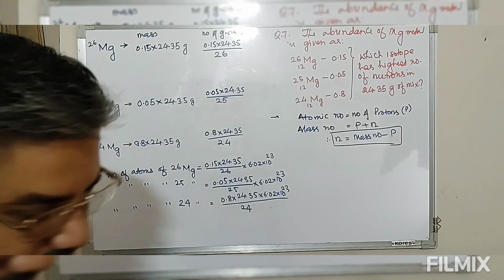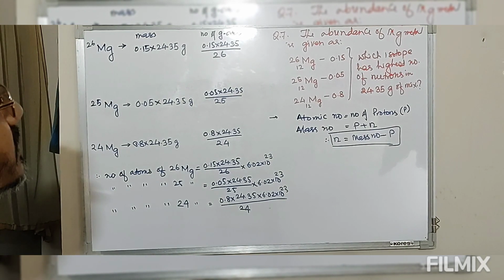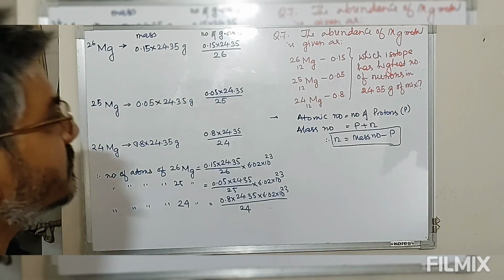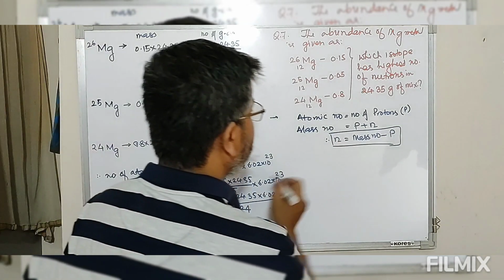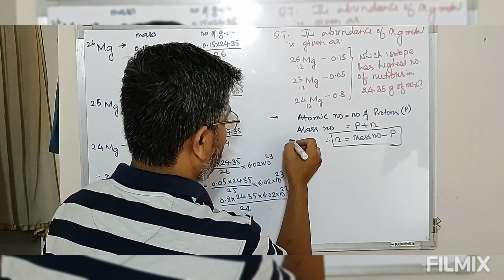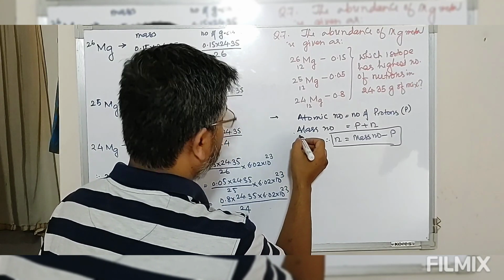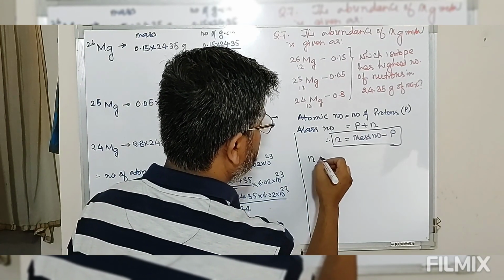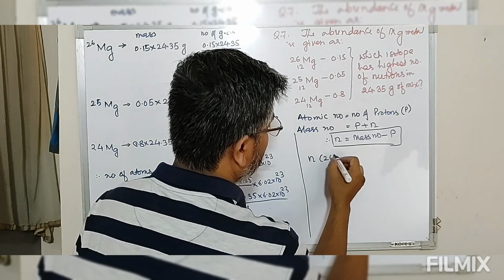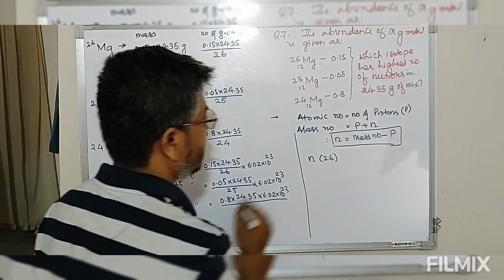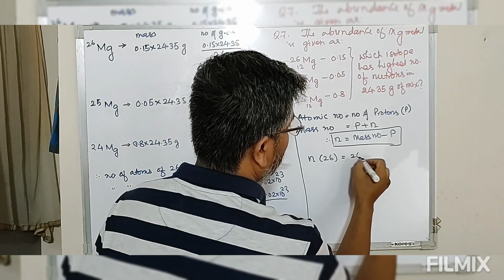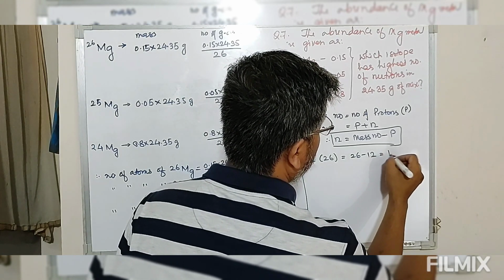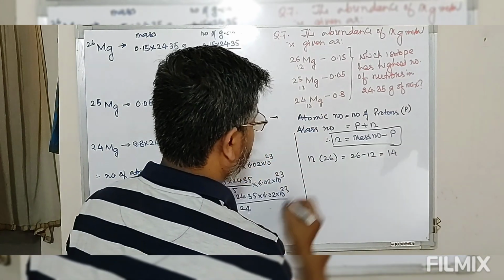Now after this we have to find the number of neutrons. Look at this: the number of neutrons in isotopic mass 26 is 26 minus 12, which comes out to be 14.